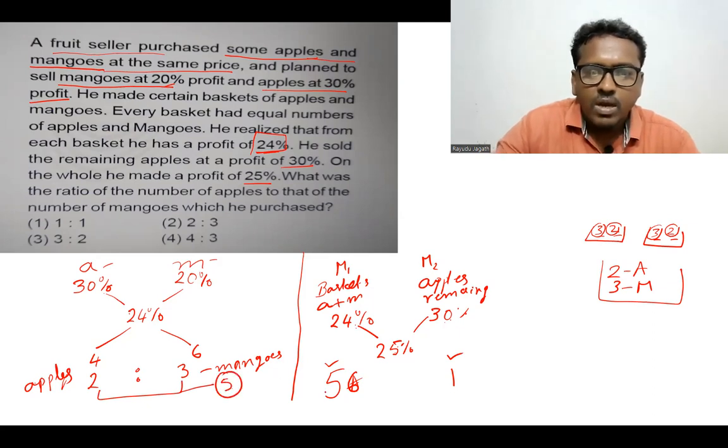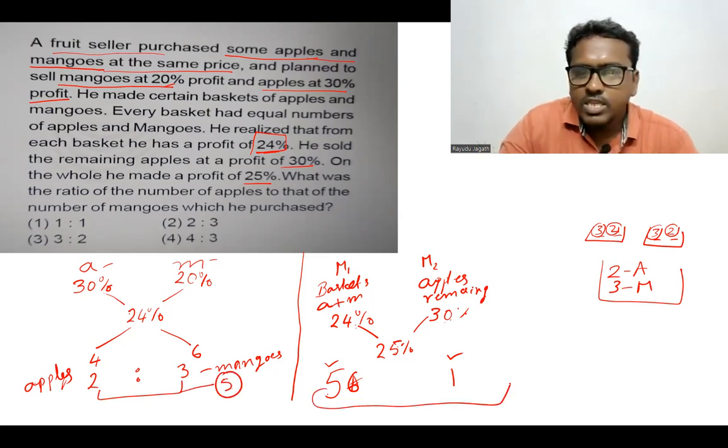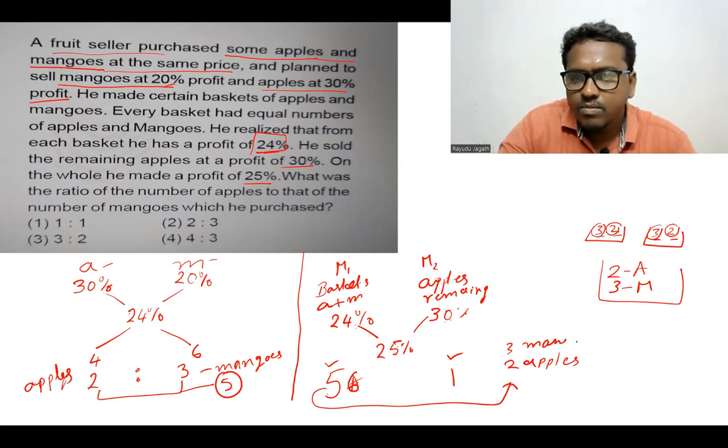This 5 includes 2 apples and 3 mangoes. What about this one?